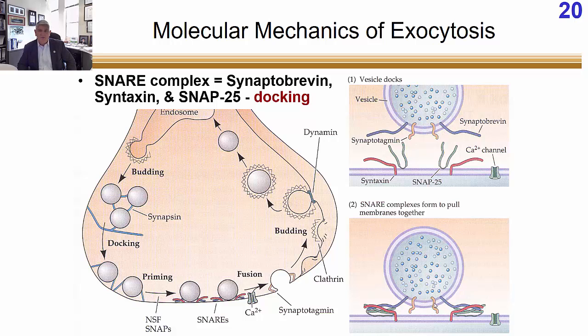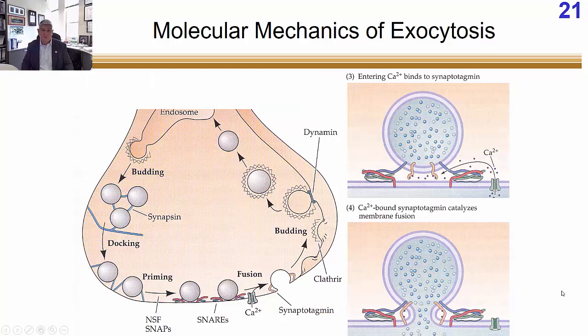Synaptobrevin is on the vesicle, and it intertwines with syntaxin and SNAP25 to dock the vesicle. The third protein, synaptotagmin, is sitting there waiting for an influx of calcium to cause the 2 membranes of the vesicle and of the cell membrane to fuse and release the neurotransmitter.